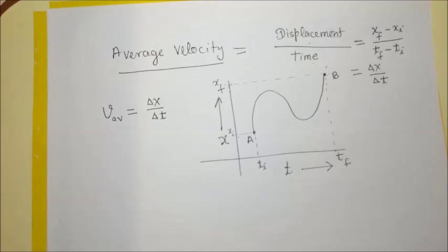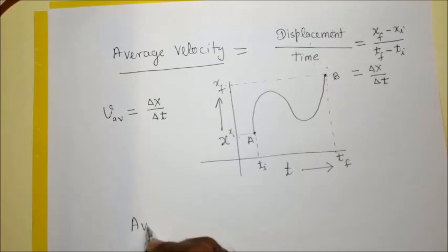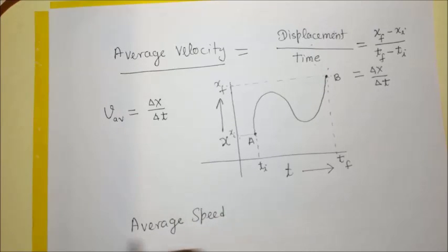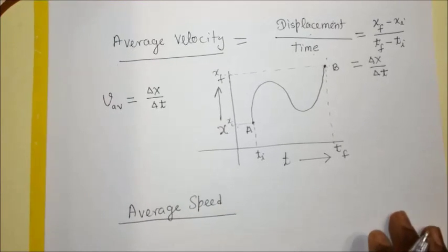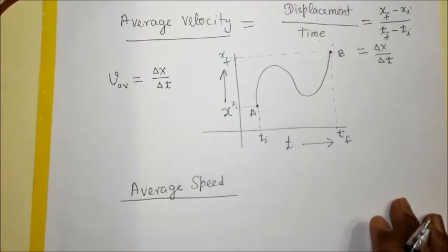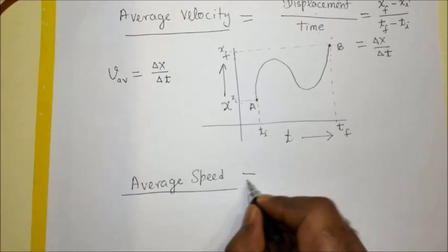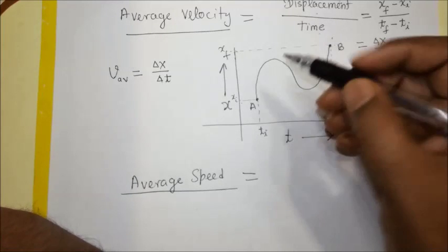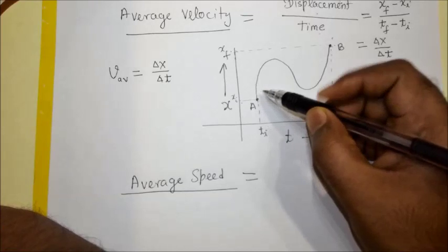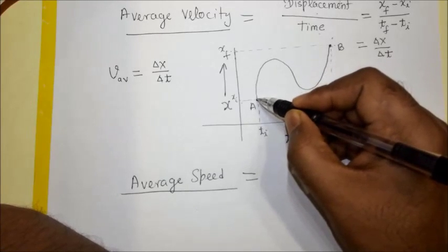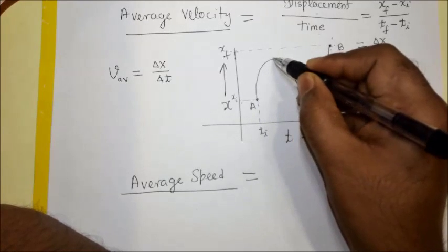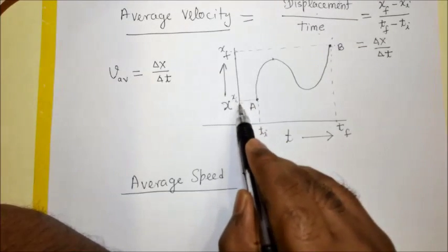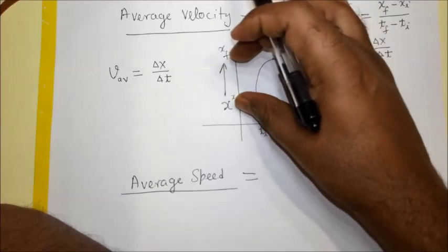How about average speed? How do you get this one? Now you have to find how much he actually travels. Look at this one. From this point to this point, he is moving forward, this much length.